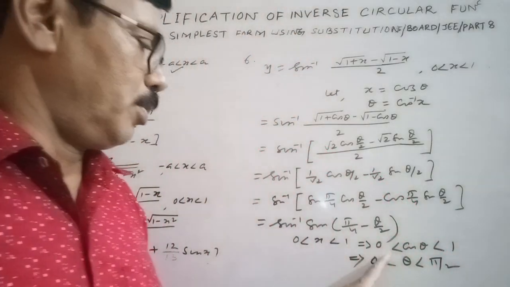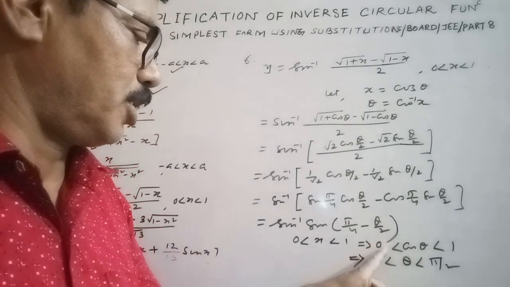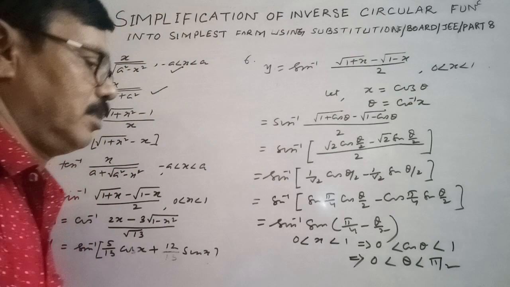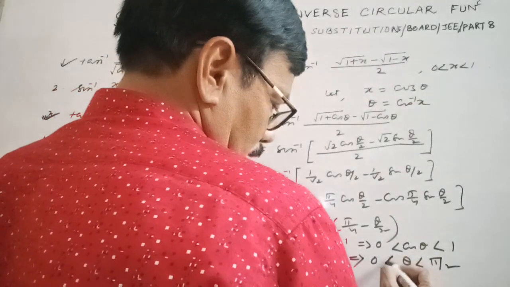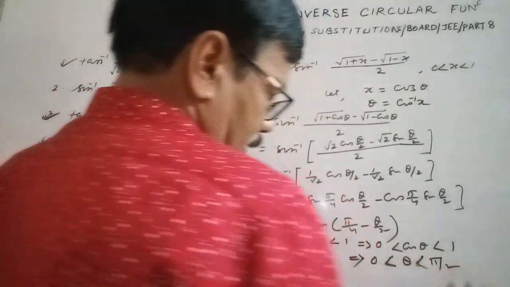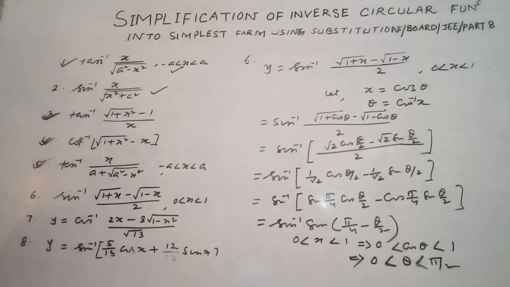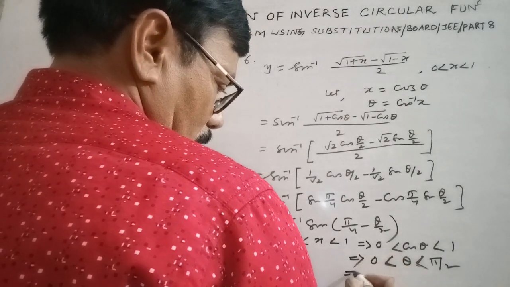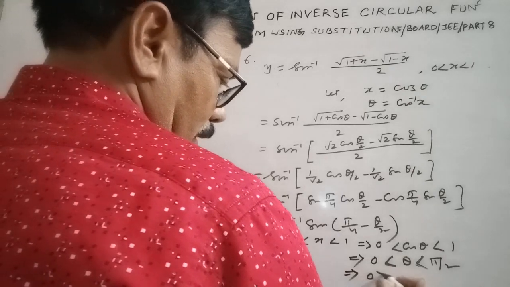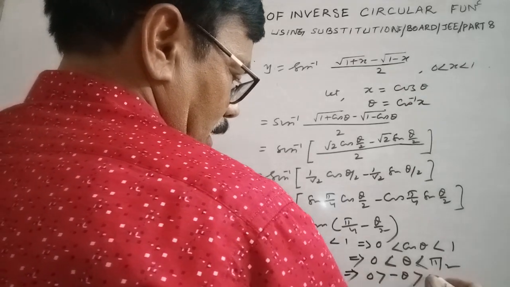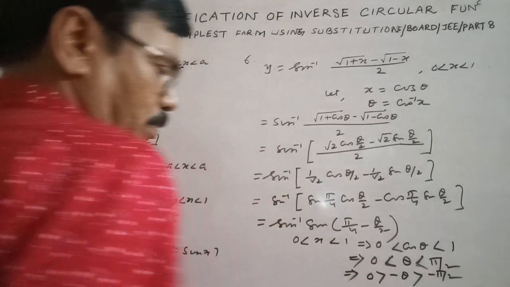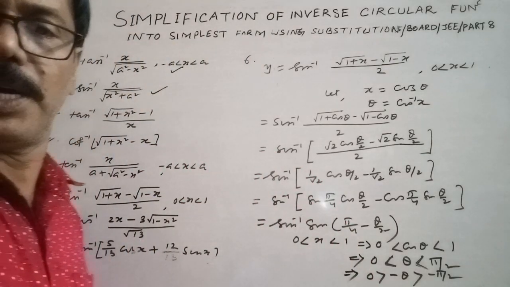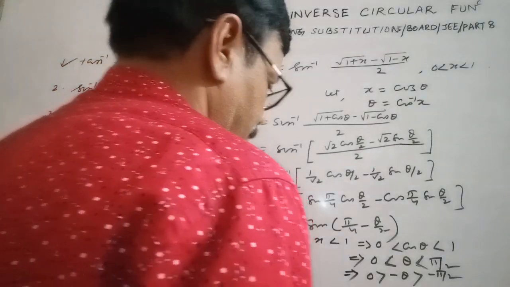So this is cos inverse 0 and this is cos inverse 1, and this is a decreasing function. So 0 less than theta less than pi by 2. Now 0 greater than minus theta greater than minus pi by 2. So multiplying throughout by minus sign.